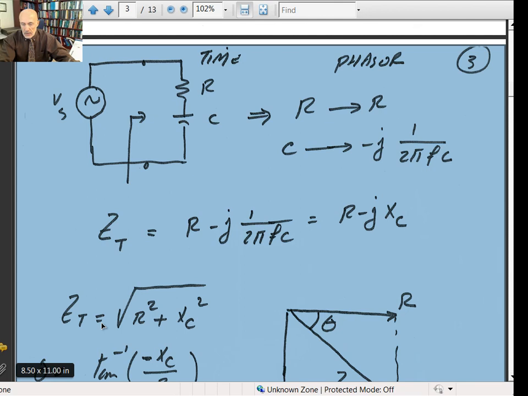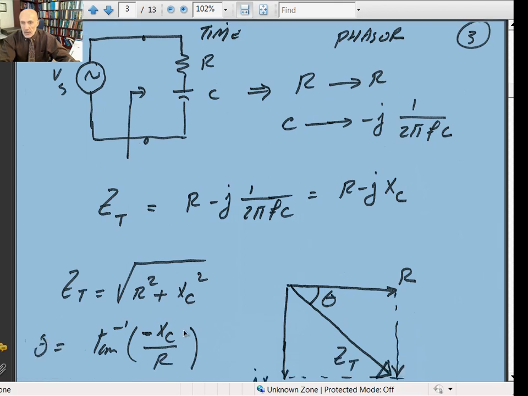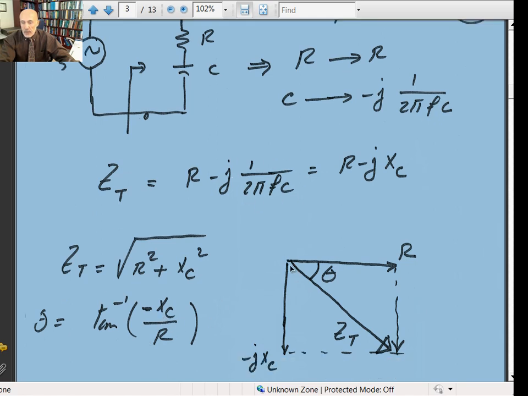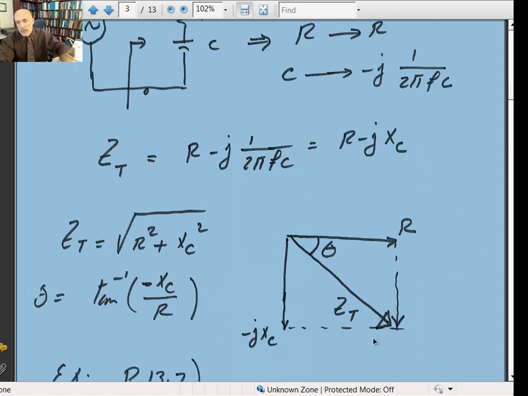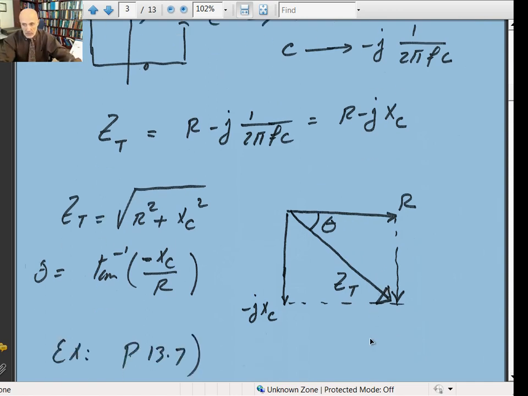Then the total impedance magnitude would be the square root of R squared plus X of C squared, and an angle theta equal to tangent inverse of minus X of C divided by R. So the angle of the impedance would be a negative phase shift. With the RL circuit, the impedance angle was positive, and in a capacitive circuit, the angle is negative.